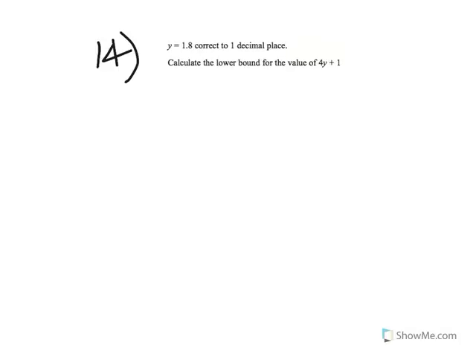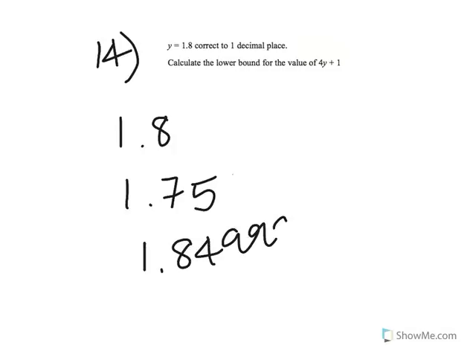Okay, so question 14, they've given you y is equal to 1.8 correct to 1 decimal place. Calculate the lower bound for the value of 4y plus 1. So first of all, I'm going to introduce you to upper bounds and lower bounds. When you round something off, for example, you have 1.8 rounded off to 1 decimal place, that means it could have been either 1.75 rounded up, or 1.849999 rounded down, or 1.85.